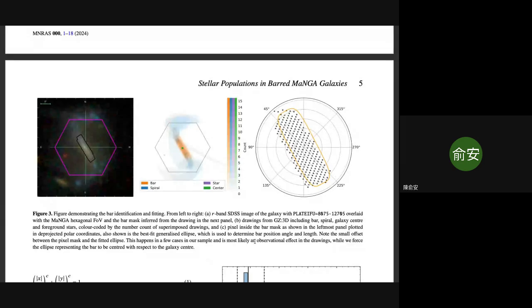I think it's by design. They are directly using Galaxy Zoo, like for caption B, they say they are drawing from Galaxy Zoo 3D, including bars, spirals, and galaxy center.